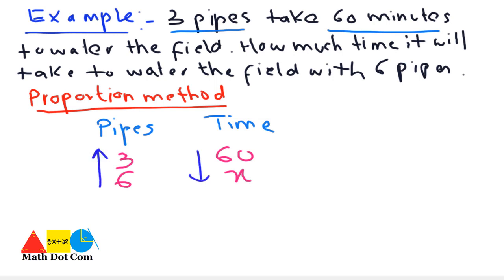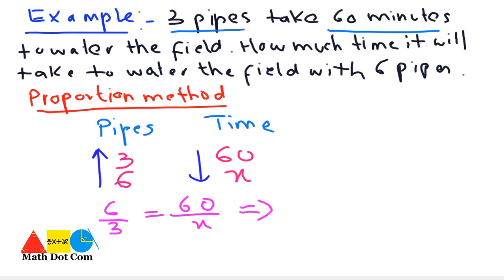One is up and one is down, and we will always write from tail to head. So we will write it as 6 over 3 is equal to 60 over x. Cross multiply them.